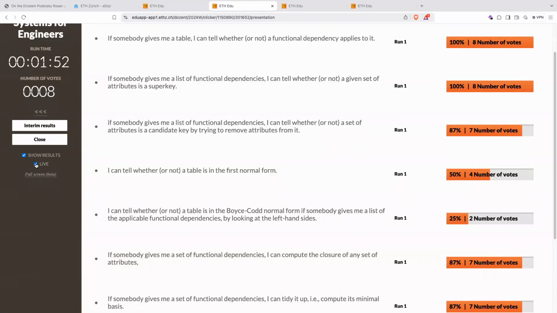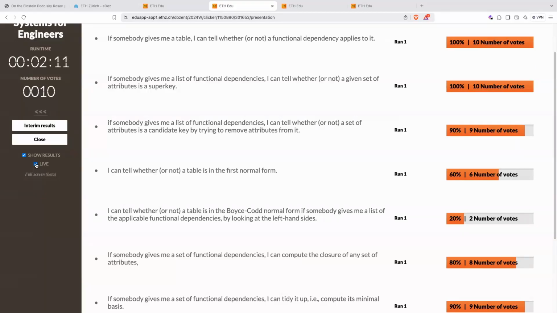So I get a lot of votes for many of them. This is very good. Okay, so let me just quickly talk about the two that have fewer votes.